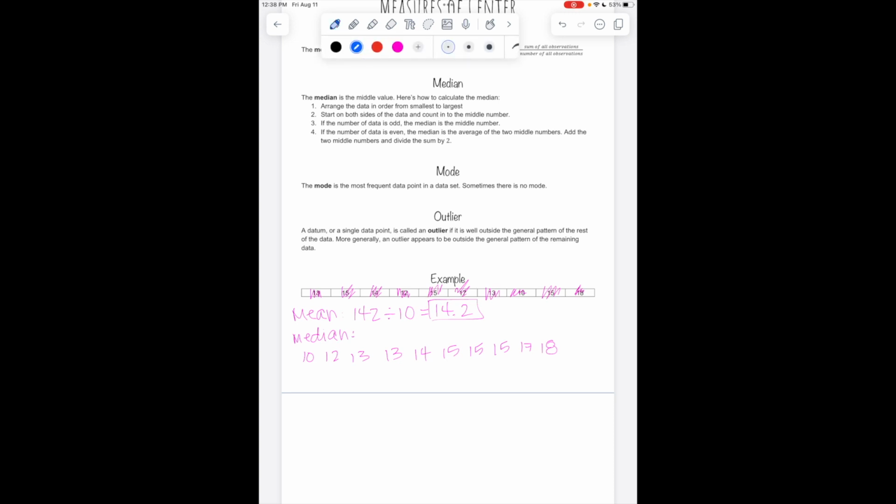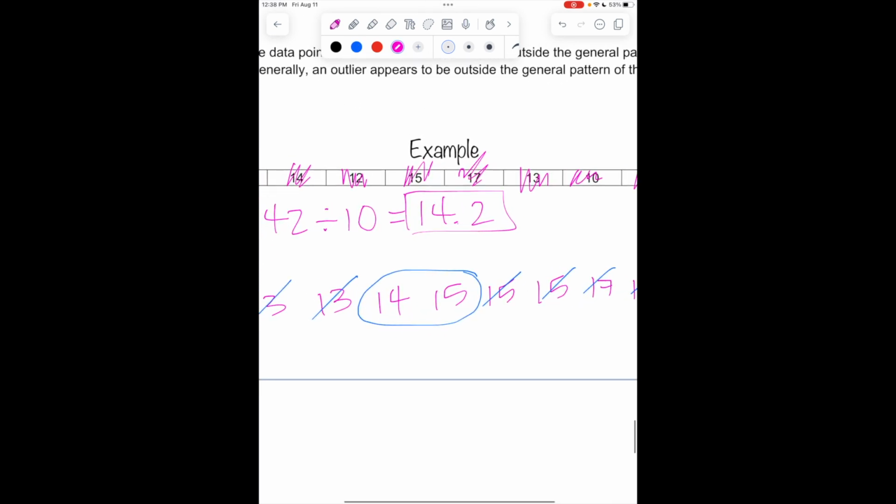Now I'm going to count in from both sides. I like to mark them off as I'm going. So 1, 2, 3, 4, and this is a situation where I have 2 in the middle. So I am going to add those. 14 plus 15 is 29.